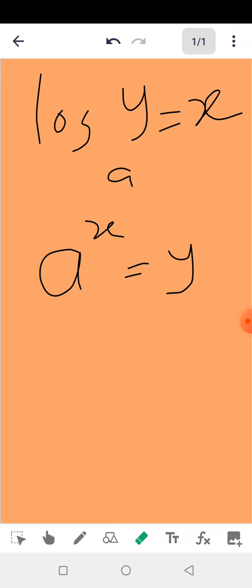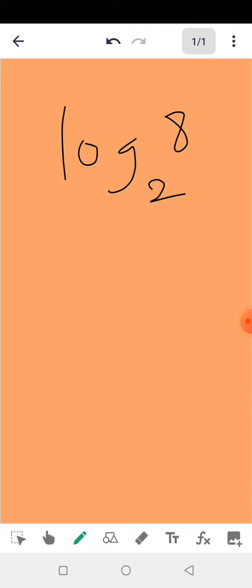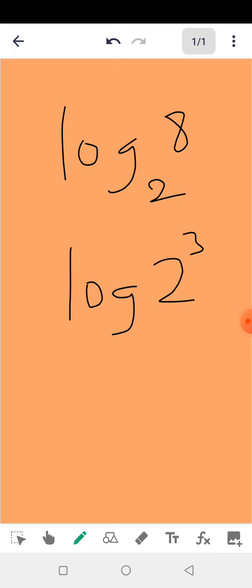Now let's say you were asked to simplify log 8 base 2. We have two ways of making this happen. I can use the first two logarithmic laws I wrote on my page, or I can change it to indices then solve. Watch. You all know that 8 can be expressed in terms of 2 as 2 raised to power 3, then base 2.